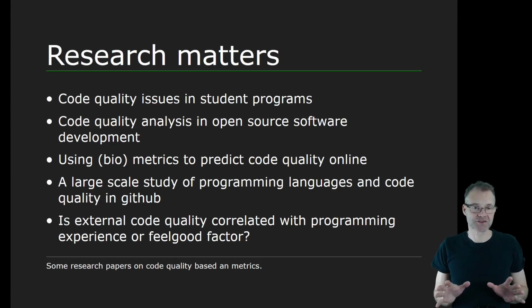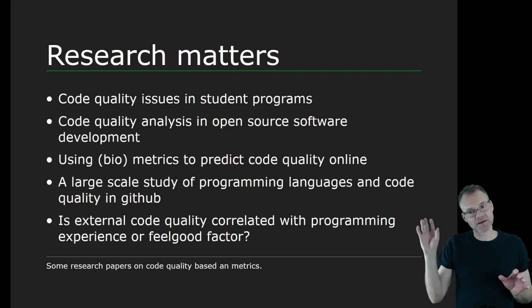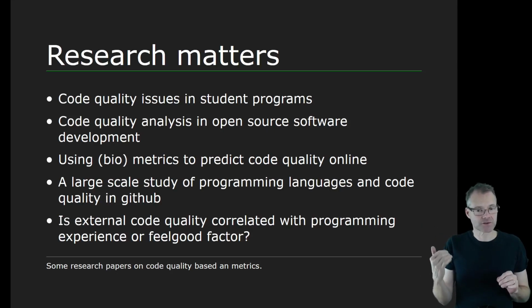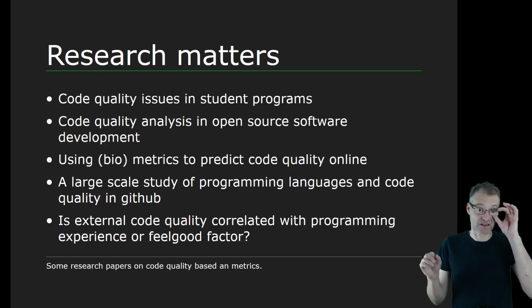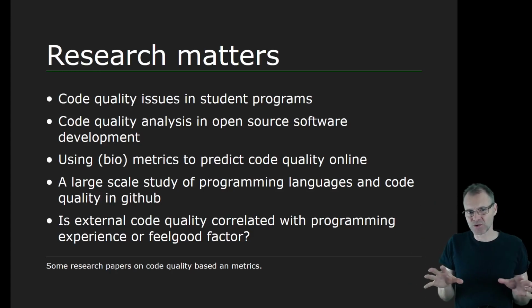So what about research matters? I did what I usually do. I just looked through some of the recent research papers on code quality, where they use metrics. So we got here one about code quality issues in student programs. Okay, can relate to that.